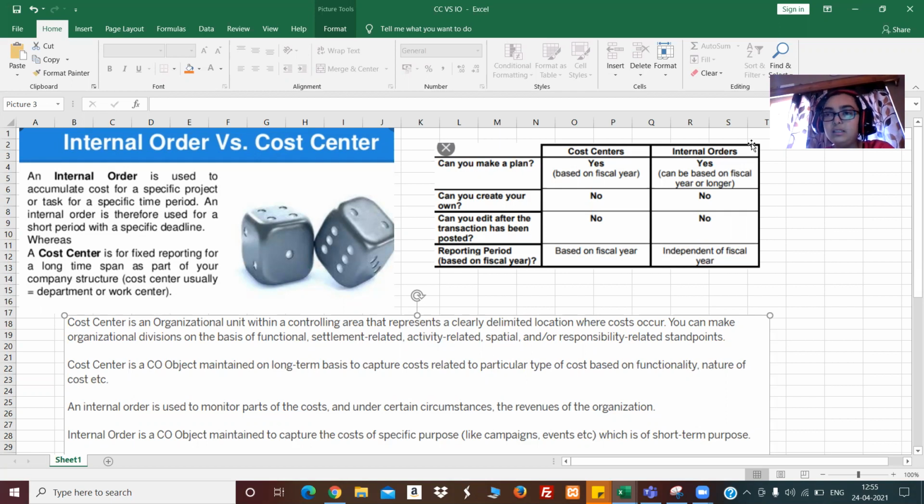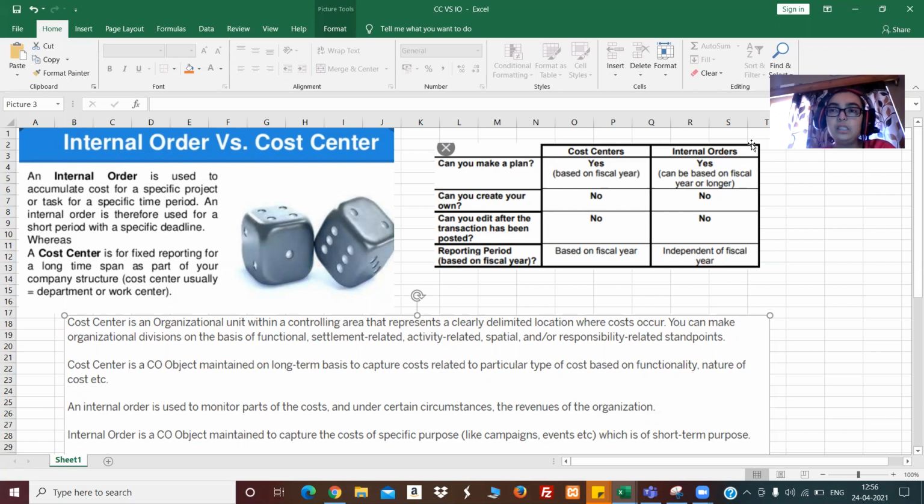Practically, the validity of the cost center never expires until that head itself gets removed from the company structure. So generally a cost center collects costs for an infinite period belonging to particular cost heads.